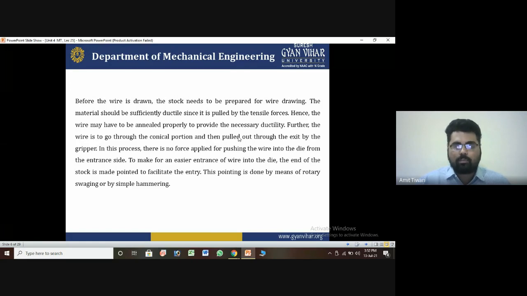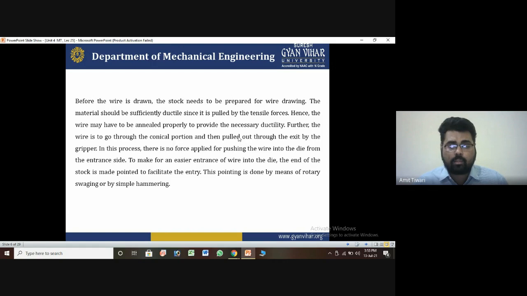Otherwise, if you do not understand the mechanical property, or the tensile strength of the particular material, then the metal will break on the pulling side. So first of all, identify the workpiece material, what type of material you have selected, what the strength and hardness of the material are, and what the ultimate tensile strength is. First of all, find that out.